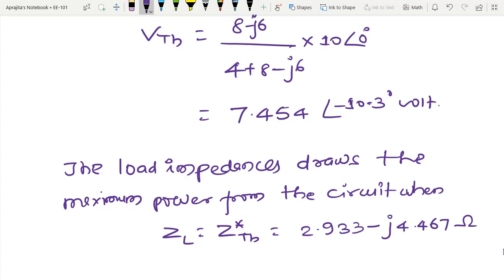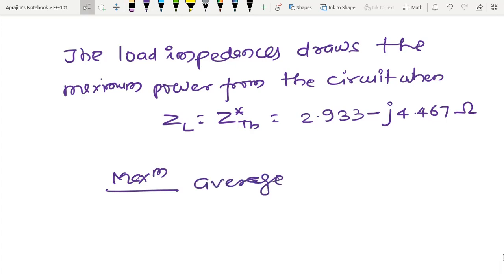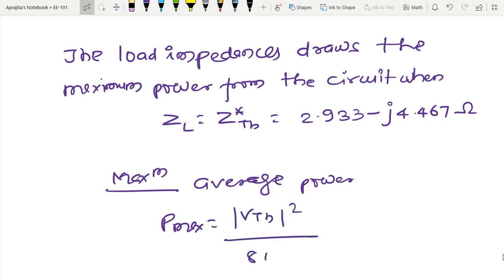And now I can also calculate the maximum average power. That is P max, that is VTH square by 8 RTH, and if you calculate this value, then I will get this much of watt.